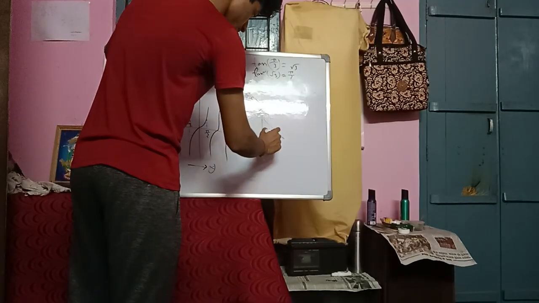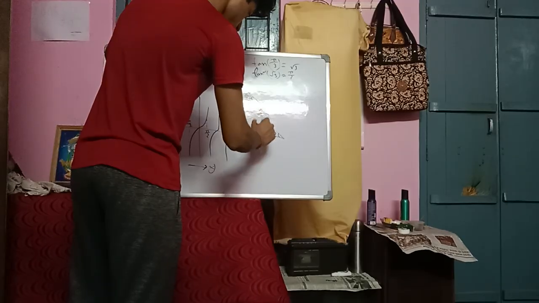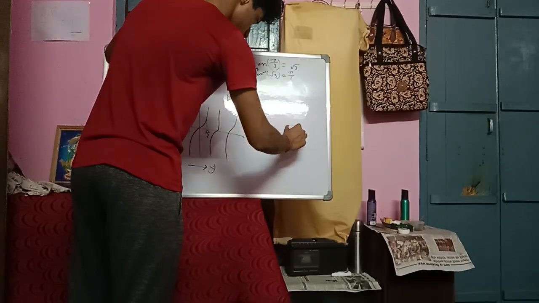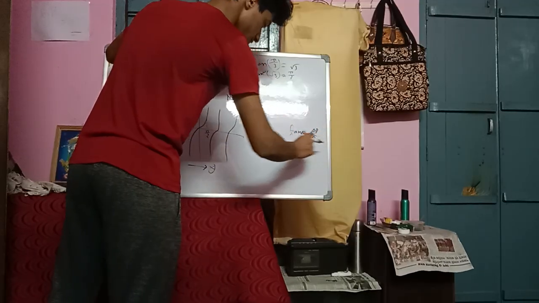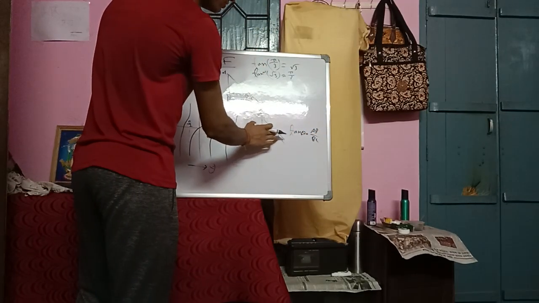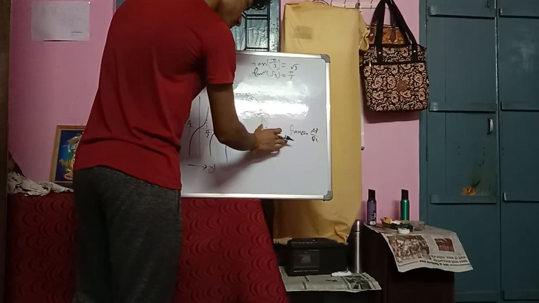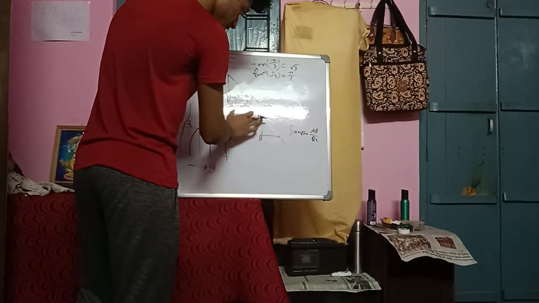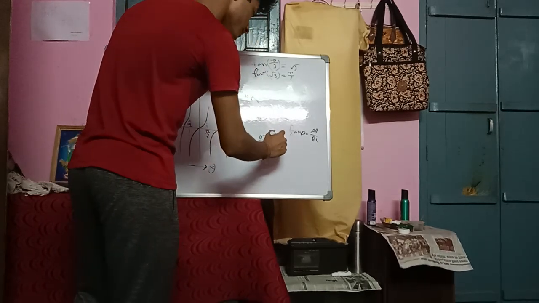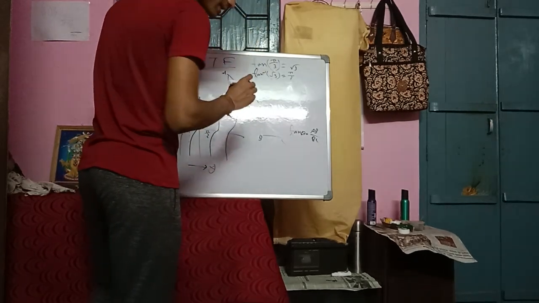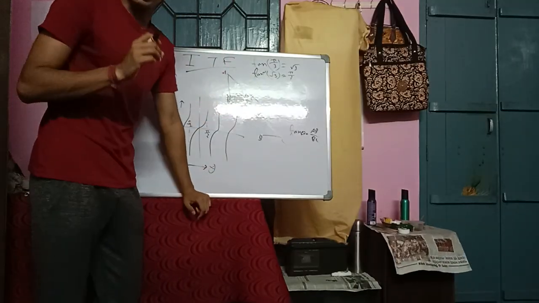a triangle ABC, where this angle is theta. Tan theta is going to be AB over BC. Now, what if this angle is 0? If this angle is 0, the triangle is going to look like this. The base and the hypotenuse are going to be the same side of the triangle.